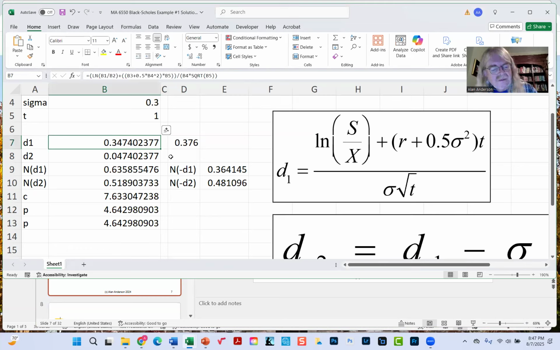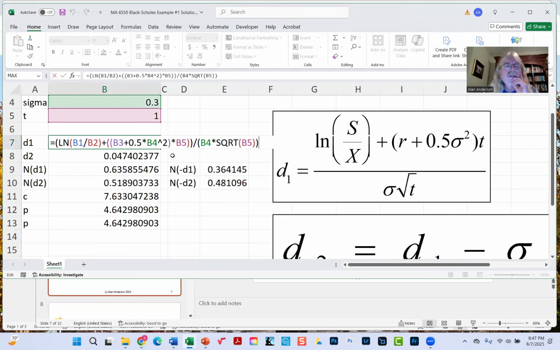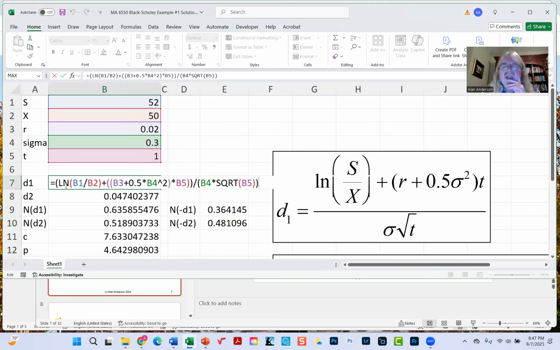And so we plug in all these numbers. Now in Excel, this is a very messy formula, so I just want you to see, if you're not that familiar with Excel, the actual log of S over X, which is cells B1 over B2, plus the risk-free rate, which is in cell B3, plus a half of the sigma squared, B4.